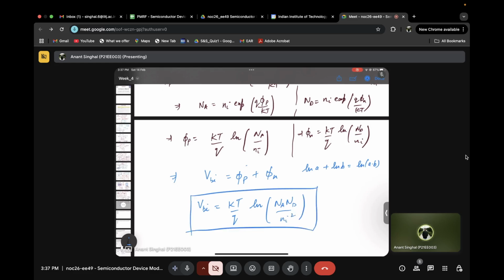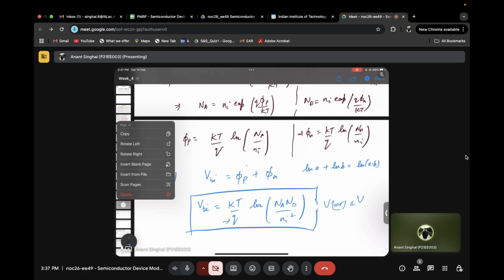So this is the built-in potential that we calculate. Since we have a q in there, this unit will be volt. We can calculate this in volt or electron volt. So this is the built-in potential that we have.